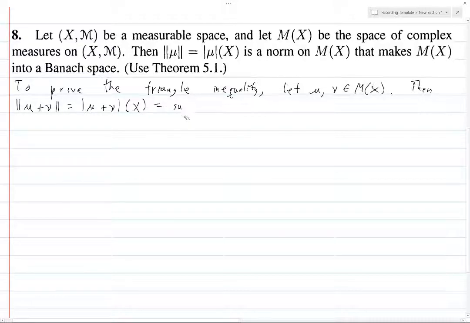And what is this norm? Well, we could use a number of different definitions here for what the total variation of a complex measure is. This one will be most useful, and it's the most intuitive in some sense, and it's also the one that's most easily generalizable.